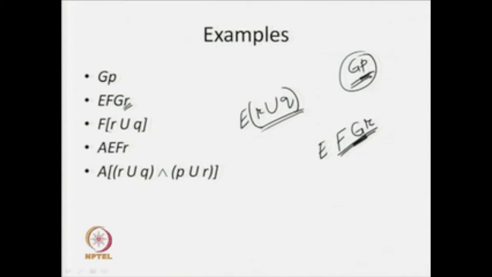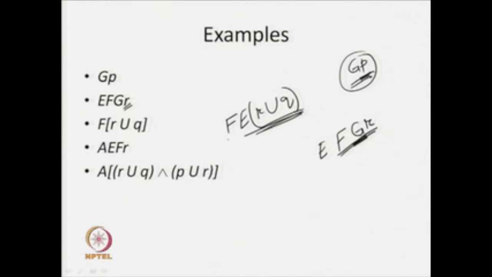So R until Q is a temporal formula. But if I write F in front of this temporal formula, it is still a temporal formula but not a CTL formula, because this temporal operator F is not preceded by any path quantifier.